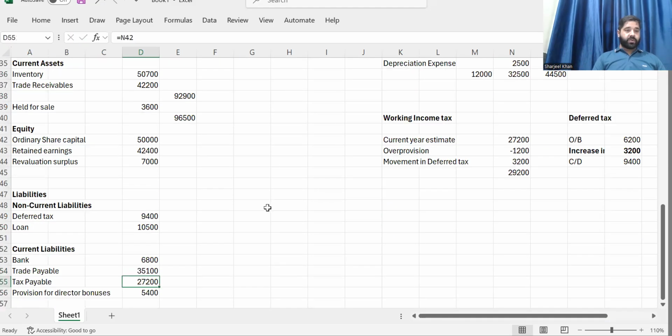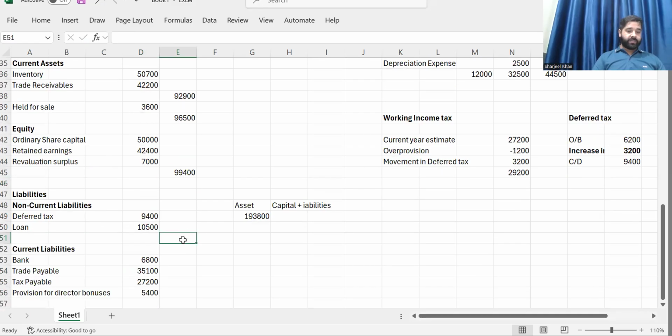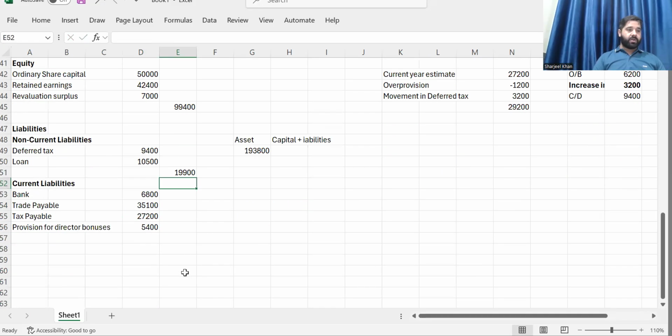Now we have to show the examiner whether our assets are equal to capital plus liabilities. So the assets mean non-current assets plus the current assets. It is the equity. This is non-current liability.